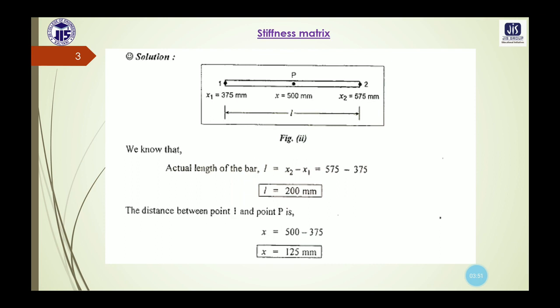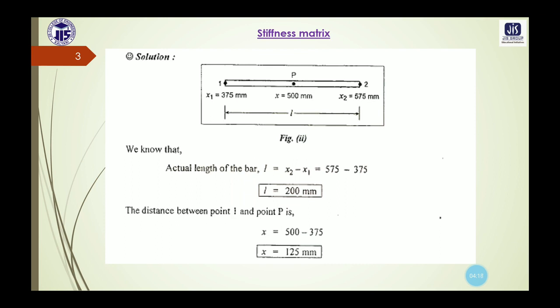Now first we need to calculate the actual length of the bar. To calculate the actual length of the bar, which is small l, the formula is x2 minus x1. The value of x2 is given in the numerical, it is 575 millimeter, and the value of x1 is given as 375 millimeter. So that means the actual length of the bar is 200 millimeter.